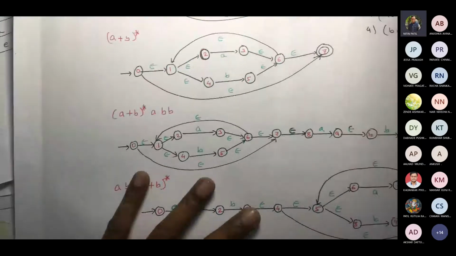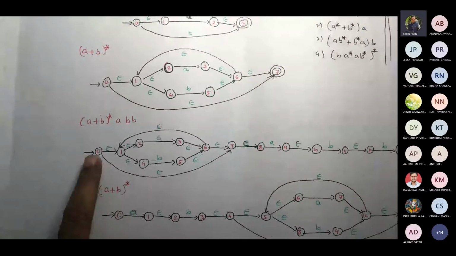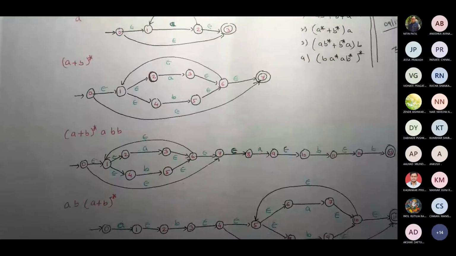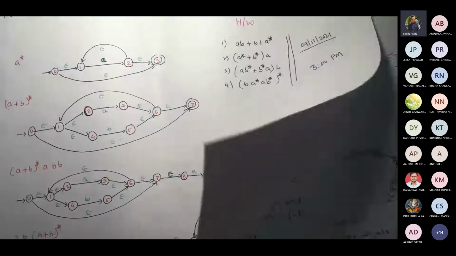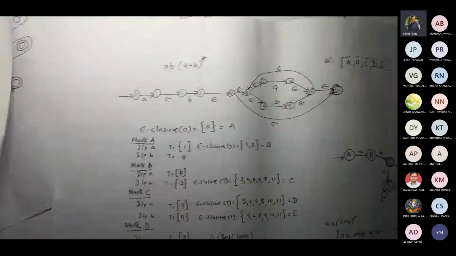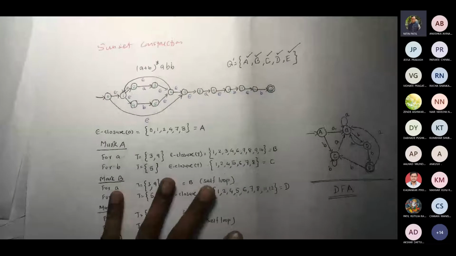With these contents, this one. So what was the diagram that we got towards the end? So it is this one. I was talking about this one.